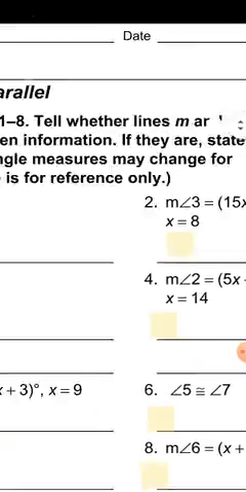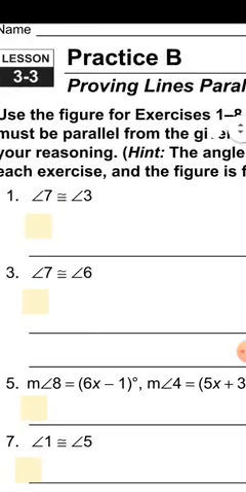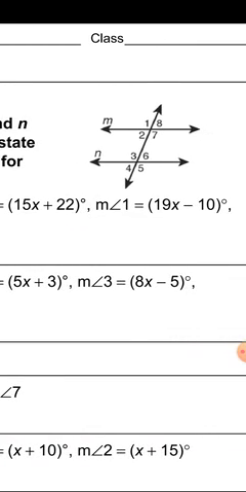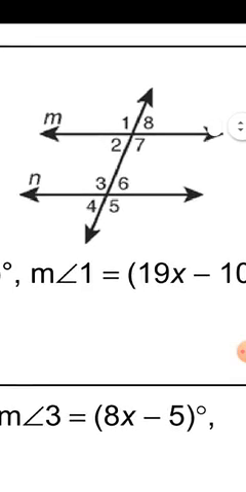Okay, moving on to question number 3. Angle 7 and angle 6. They gave you the information that angle 7 is equal to angle 6. Now from the picture, find out first what angle 7 and 6 are. They are same-sided interior angles.